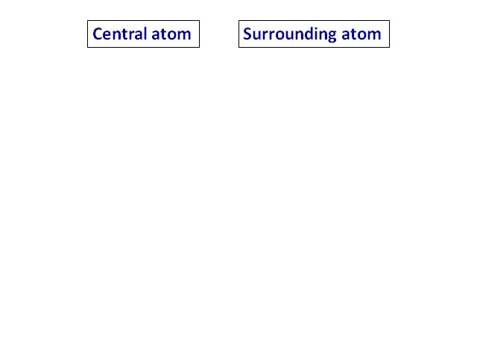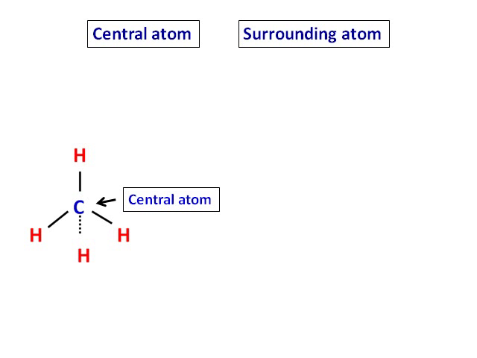So first let's learn what we mean by a central atom and what we mean by a surrounding atom. Consider the figure given there. The molecule is C with 4 H around it. The C in the center we call the central atom, and you can see that there are 4 hydrogens around it, and these hydrogens, because they are around the central atom, we call them the surrounding atoms.